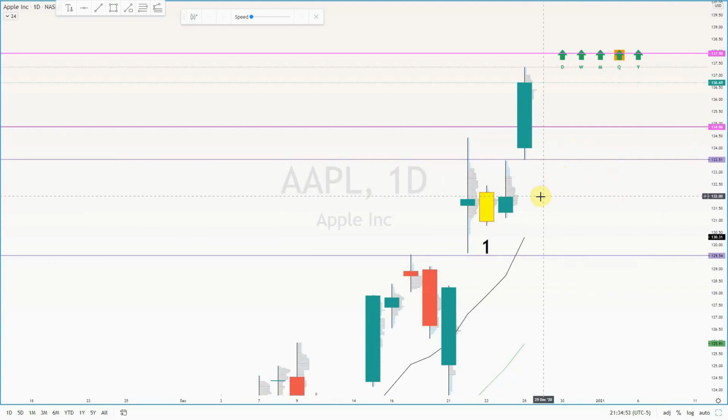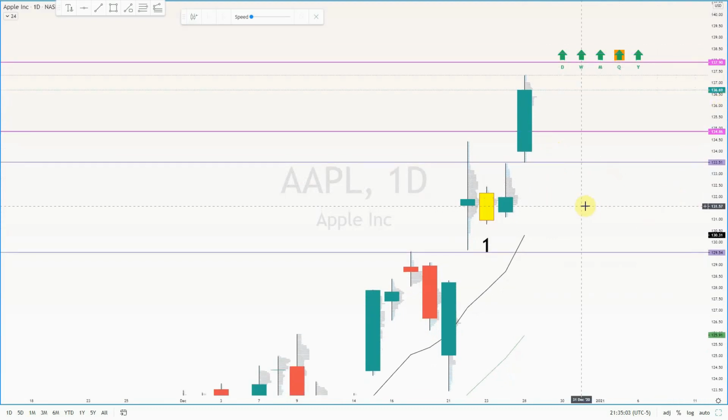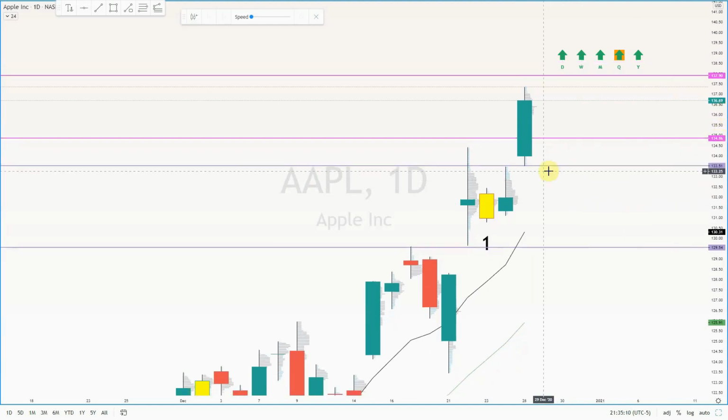So let me explain that a little bit better. What we see here is that Thursday Apple closed right around 132. Today it opened around 134, so a 2-point gap on a 134 stock. That's a good sized gap. And so had I been marking up my chart, I would have marked up the previous day's highs and possibly the highs of this inside candle, and maybe the close.